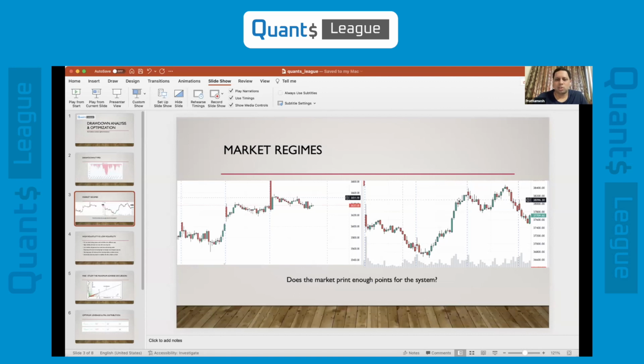So if your system is in a drawdown, you want to analyze: is it in a drawdown because my system is not able to capture the market moves, or because the market has simply not been suitable for it? If it is the former, then you want to tweak your system, or maybe stop it, or lower the allocation to it.